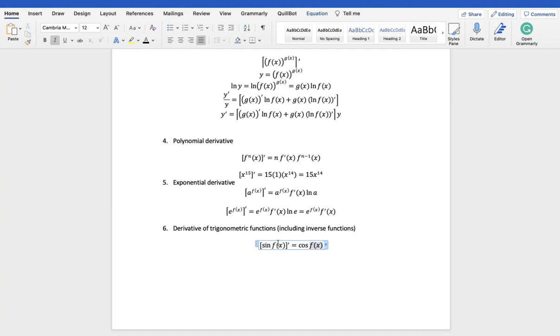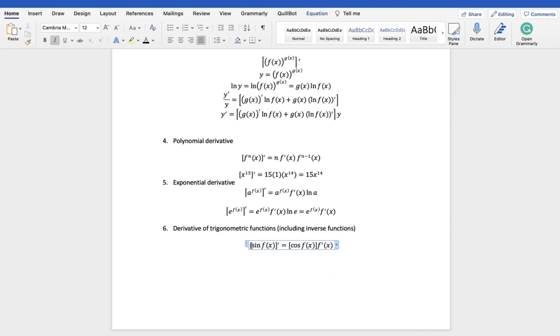That is just equal, in the general form, to cos of f of x, but now multiplied by the derivative of f of x.